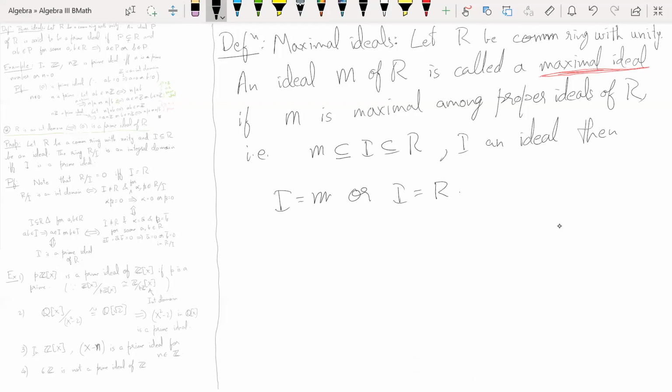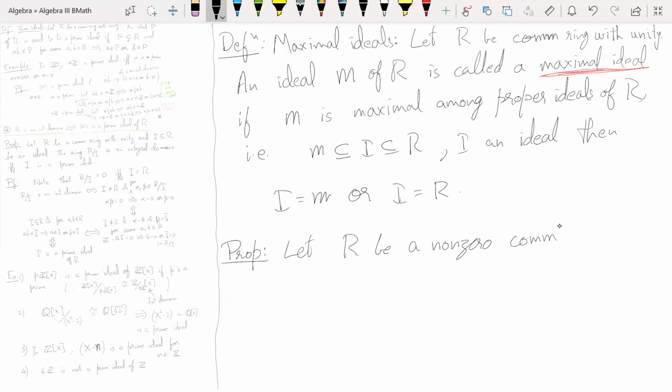Maybe next time we will see that every commutative ring with unity contains a maximal ideal. Here we need a non-zero ring.